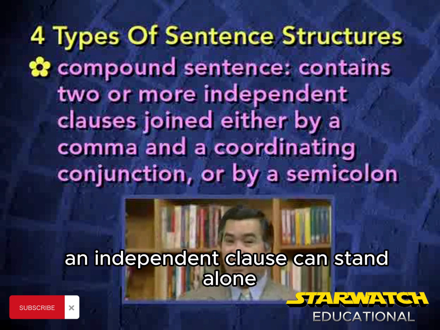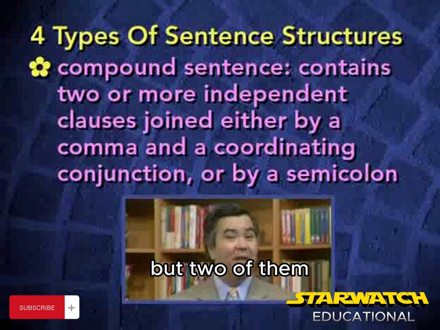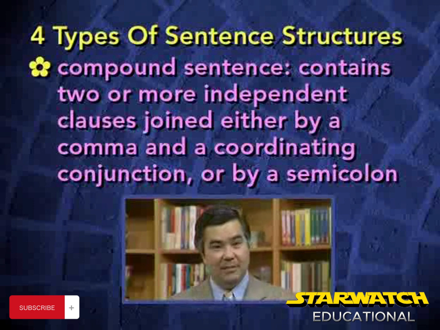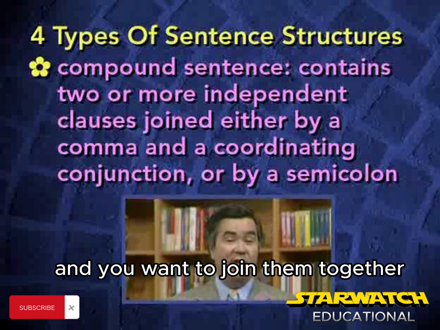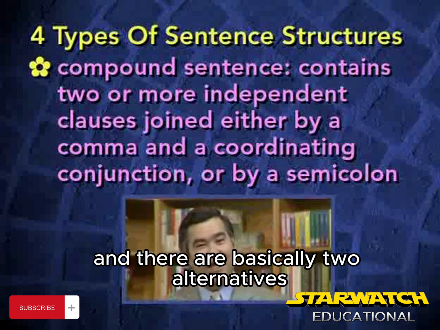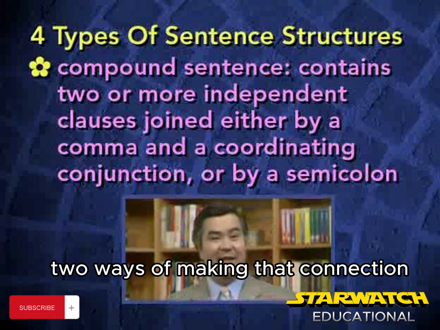As we've seen, an independent clause can stand alone as a sentence, but 2 of them can also be joined together to form a compound sentence. Now, when you have 2 independent clauses and you want to join them together, you have to do it according to certain rules. And there are basically 2 alternatives, 2 ways of making that connection.